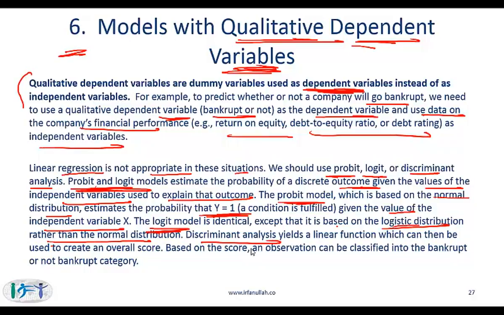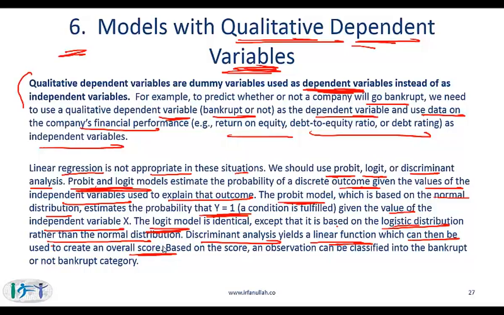And finally, we have discriminant analysis. This yields a linear function which can then be used to create an overall score. Have any of you heard of this thing called the z-score model? So in credit analysis, what you do is you evaluate a company along several parameters, and based on things like the current ratio and the debt to equity ratio and various other factors, you come up with a score, and then you say that above this score means the probability of default, or it will not default, and with this score range the chances are of defaulting.